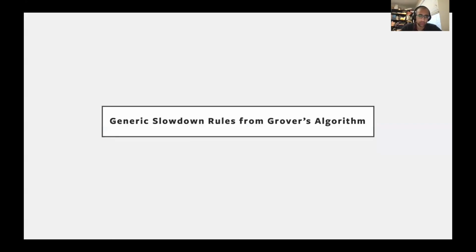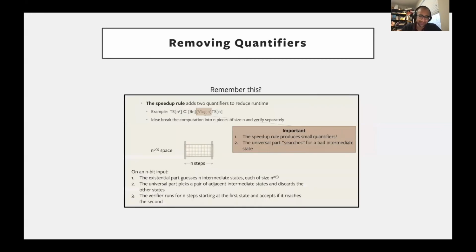Cool. So now we're on to the next step, which is how do we prove generic slowdown rules in the quantum setting? Spoiler alert, it's going to be with Grover's algorithm. So think back to when we were discussing the speedup rule, and we mentioned these two important points. The first was that the speedup rule produces small quantifiers, and by small I mean things like log n, as opposed to things like n squared or n.